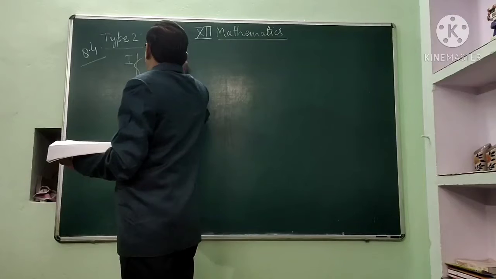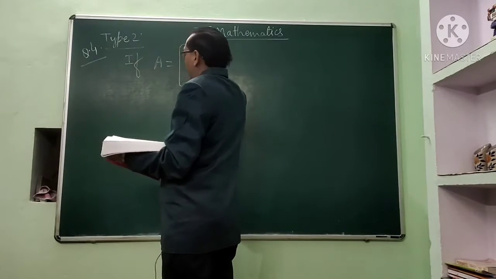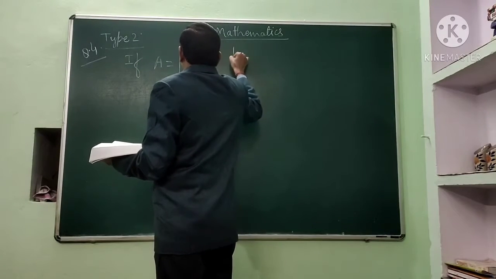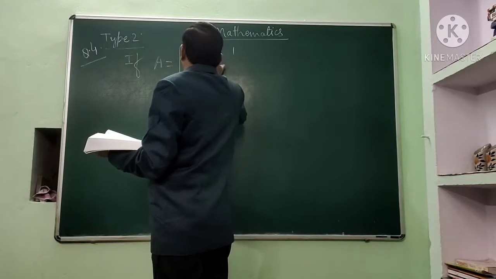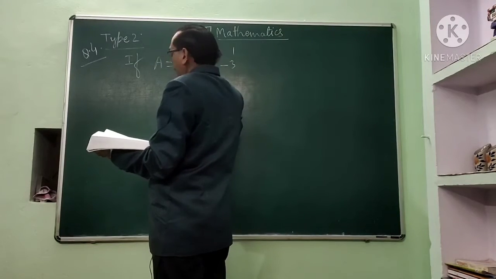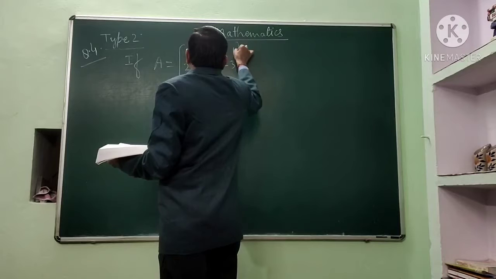Here, the matrix is [1, -1, 1; 2, 1, -3; 1, 1, 1].